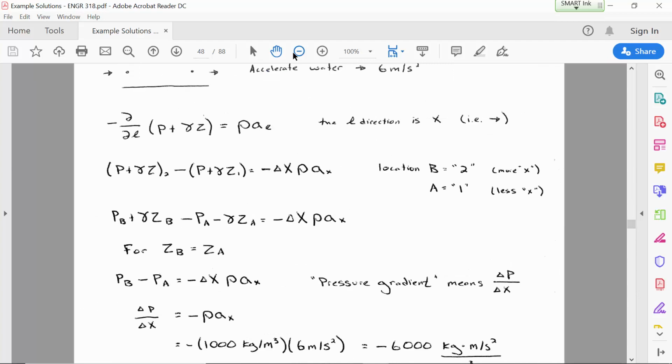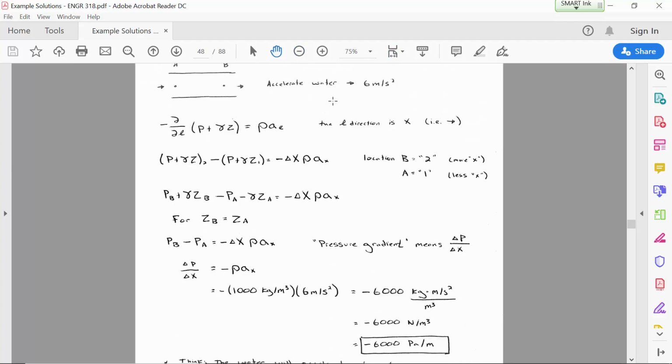All right, just so this is recorded into the solution. In the example, the fluid is accelerating to the right. So if the fluid is accelerating to the right, what that means is that the pressure is going to increase to the left or decrease to the right.